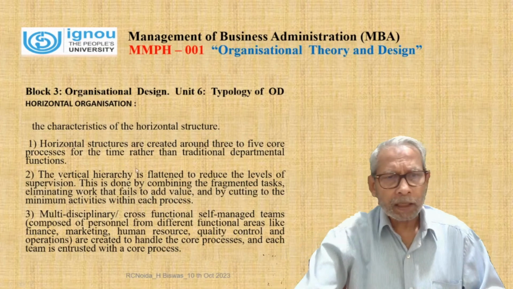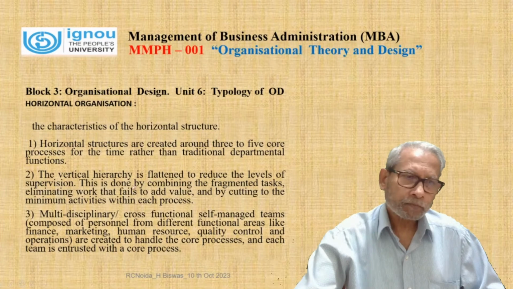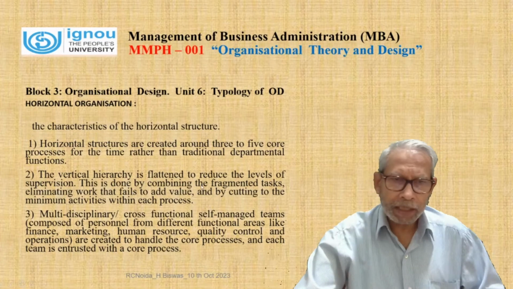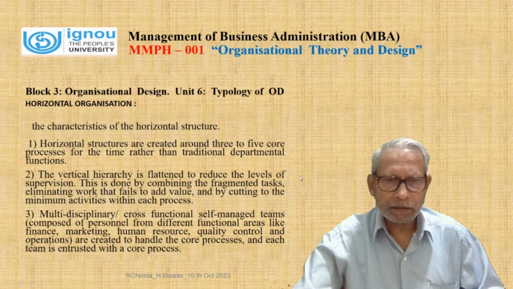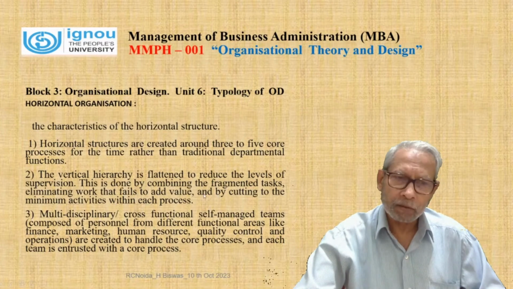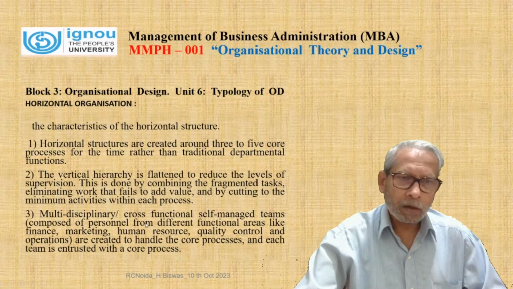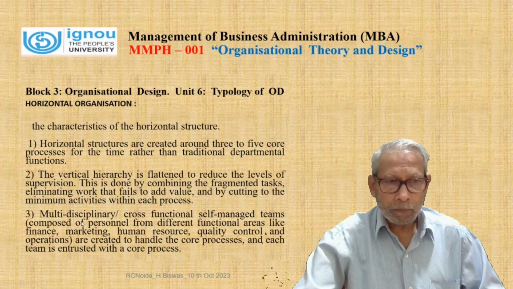The vertical hierarchy is flattened to reduce the levels of supervision. This is done by combining fragmented tasks, eliminating work that fails to add value, and cutting activities within each process to a minimum.